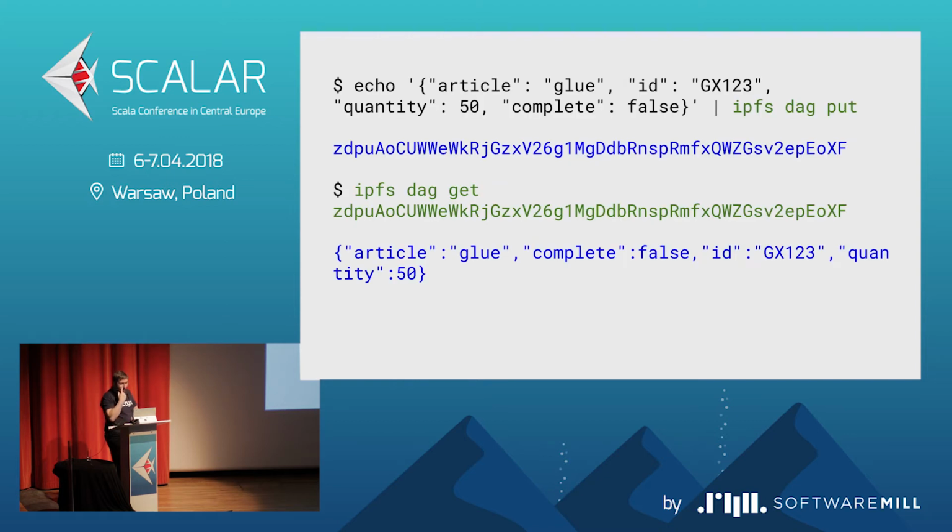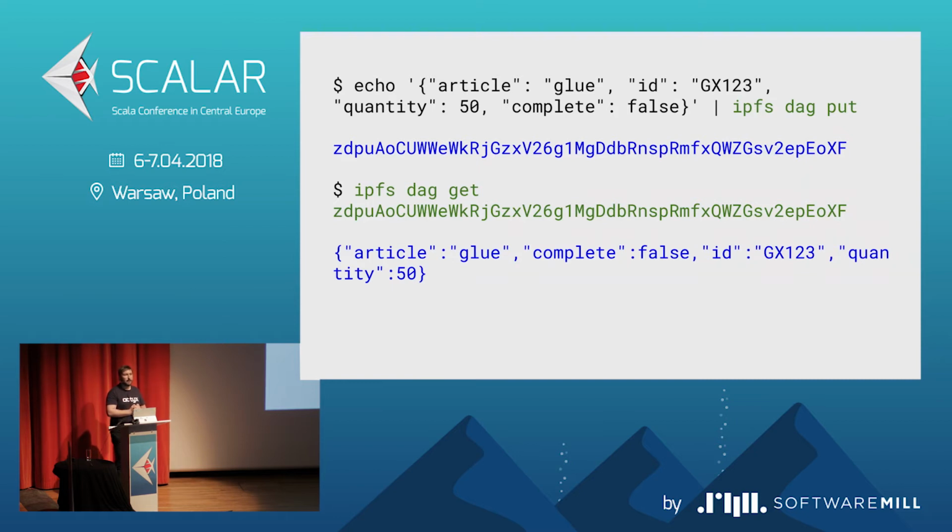To give you an example of how to use the API of IPFS, I just need to install a daemon on each of the computers that need to be running in a swarm. I can run them in a private swarm, so this can be running on my factory computers. And if I want to store an object, I just pass it to IPFS dag put, and then you receive a hash of this object.